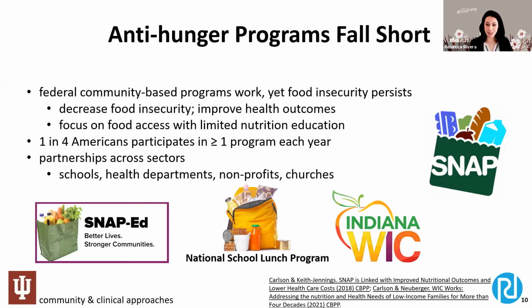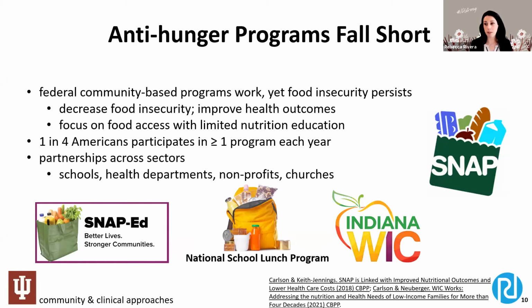WIC is the Special Supplemental Nutrition Program for women, infants, and children. So that provides financial assistance and some guidance and regulations around the types of foods that can be purchased with that money, as well as a little bit of nutrition education.